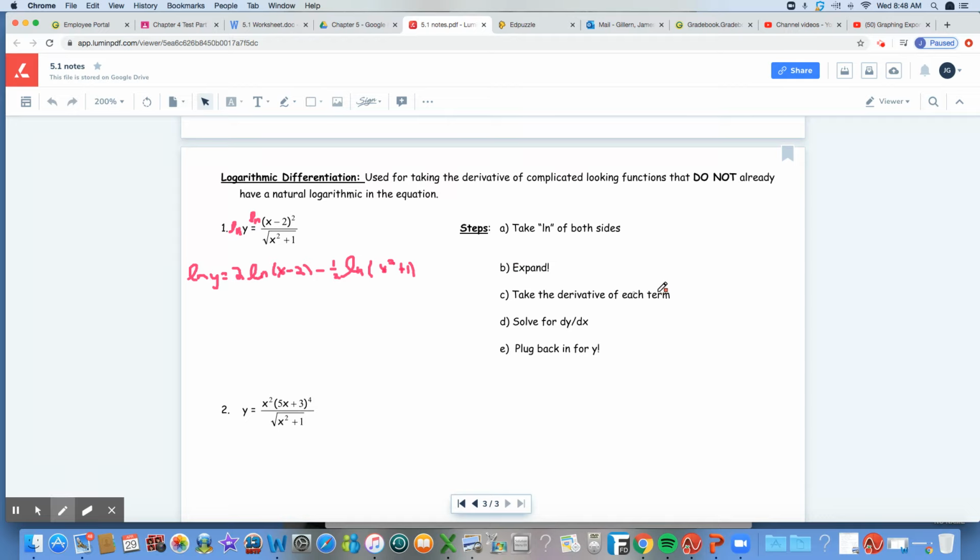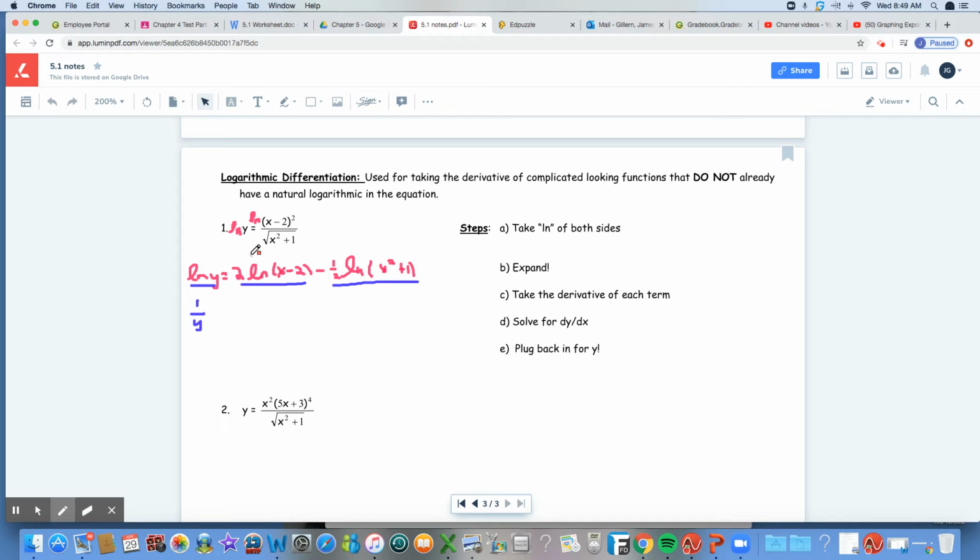Now we're going to take the derivative. We take the derivative of natural log of y and the derivative of this side. From what we learned last time, the derivative of a natural log is du over u, which is the derivative of the inside over the inside. So the derivative of y is 1 over y.